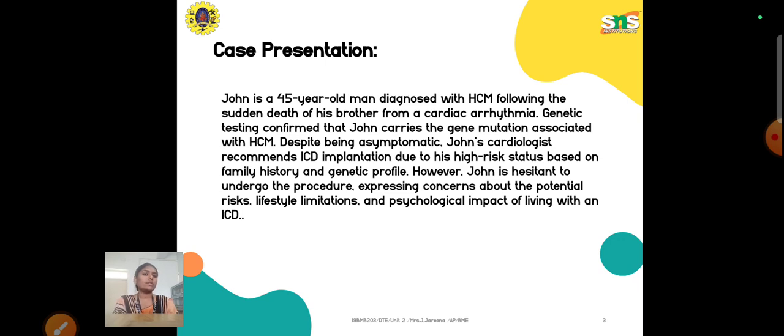Even though John doesn't feel any symptoms related to this, after so many tests it was confirmed that he is affected with this problem. John's cardiologist, the healthcare provider, recommended ICD implantation due to the possibility of high risk status, based on information from family history and genetic profile.